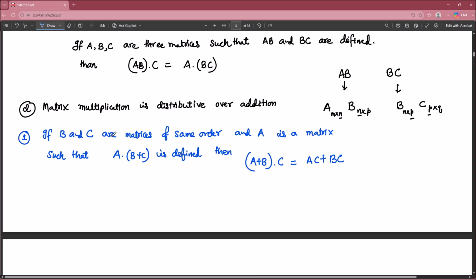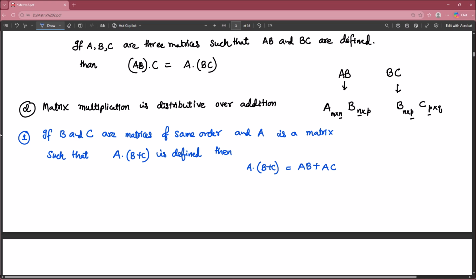So B and C are two matrices of the same order, and A is another matrix which is multiplied with B plus C. Then A into B plus C is equal to AB plus AC.